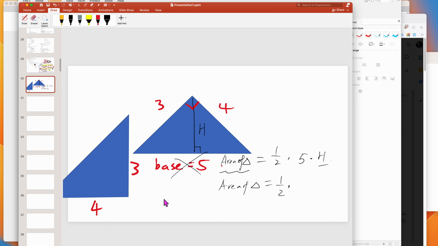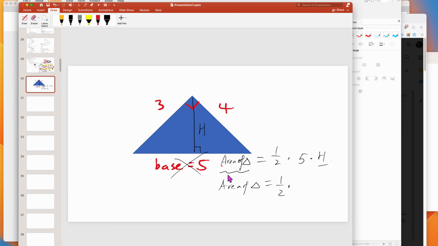Which one is the height? So in a way, you have the 3 and 4 for you to choose. You just choose any one. If you choose 4 as the base, the height will be 3. So with this, you can find the area of triangle, which is 6.